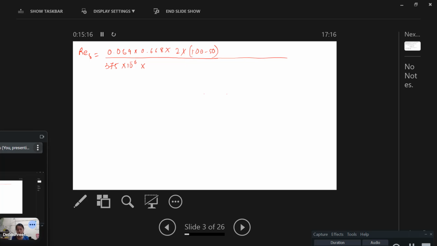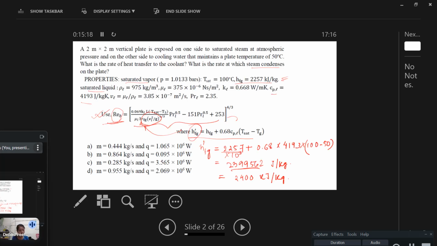We can write hfg as 2.4 into 10 to the power 6.